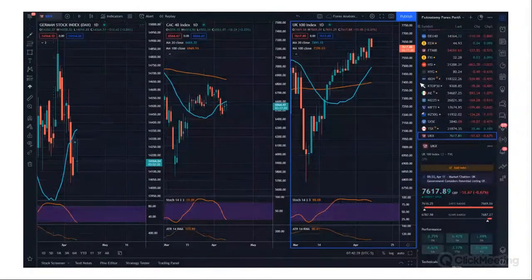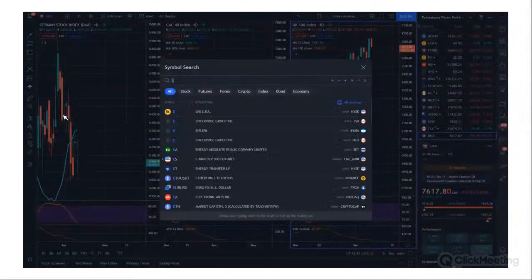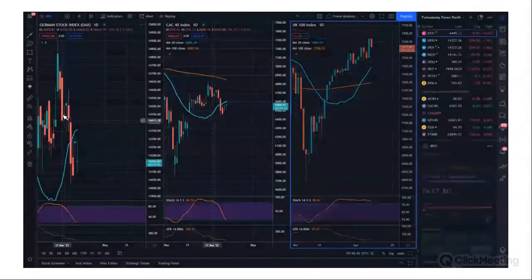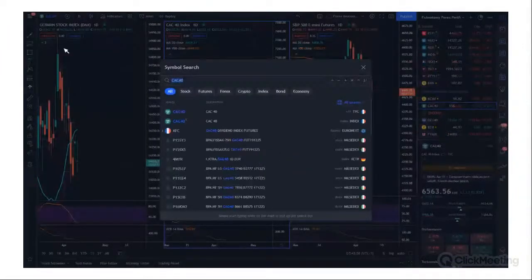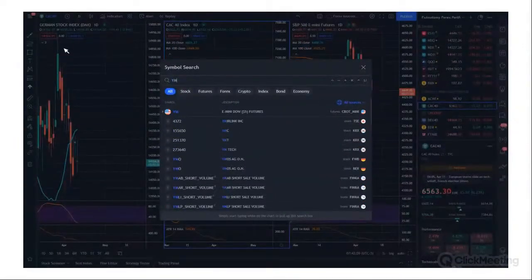So right now, we've already deduced that for European equities. Let's move to US futures. I'm just going to go through this quick. Okay, so right here we see US futures trading to the downside. S&P futures, E-mini futures are selling off. Let's go to the Dow E-mini futures right here.